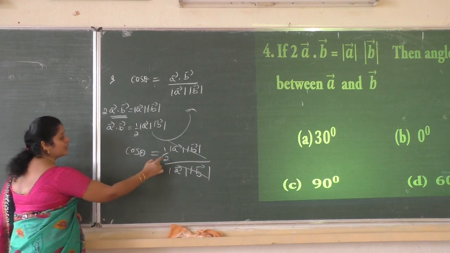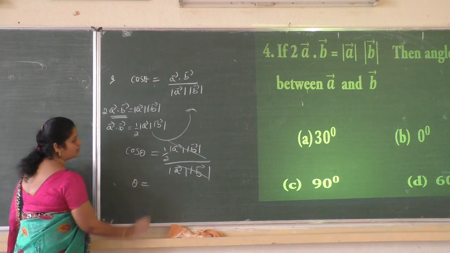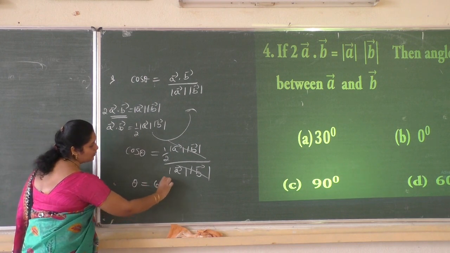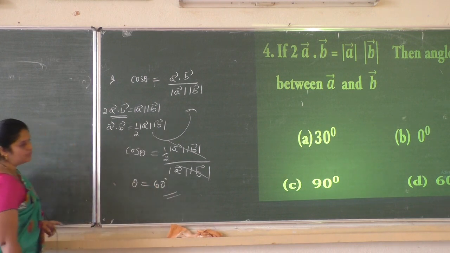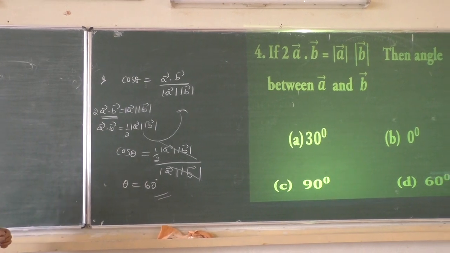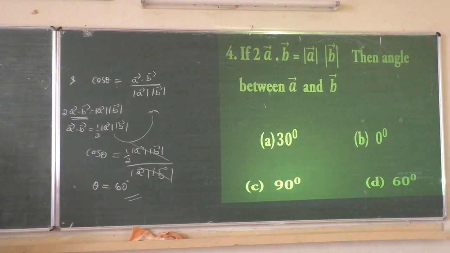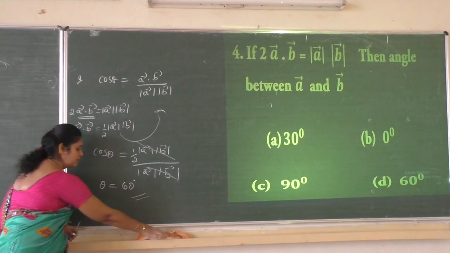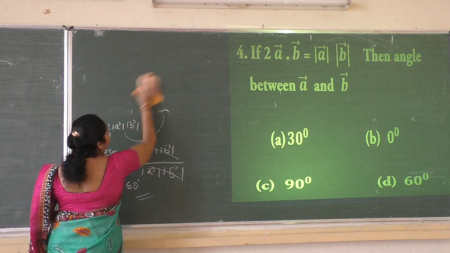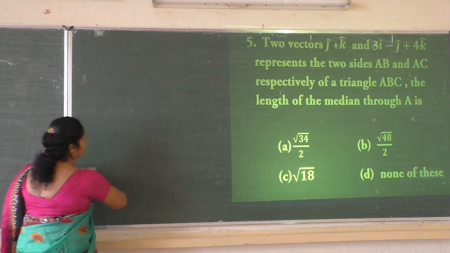So cos theta is half, theta is equal to pi by 3, or 60 degrees. So option D is the answer, theta is equal to 60 degrees. Okay, we'll see the next question.